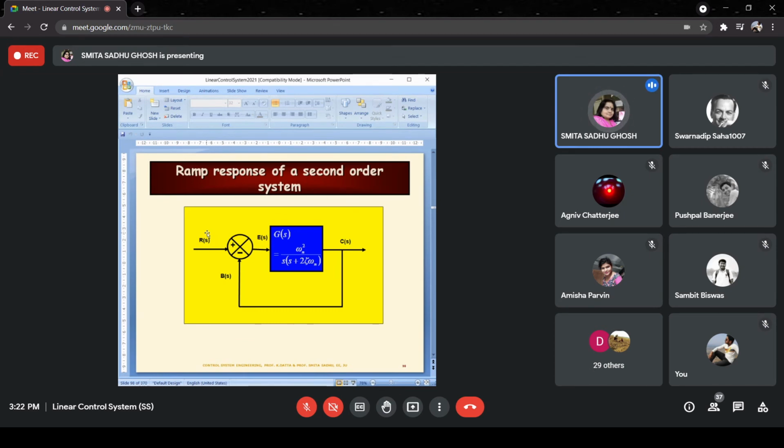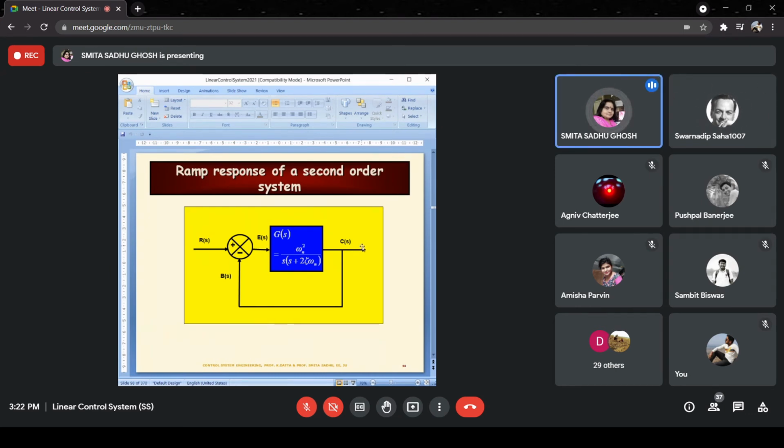Now, how do you find the ramp response? What is the method to be adopted? Just the steps I want. What will I do first? Then next what? I'm not asking you to do it. Of course, you would be able to do it if you know the steps. Ma'am, first we have to calculate C(s), then the inverse Laplace of that. Yes, very good.